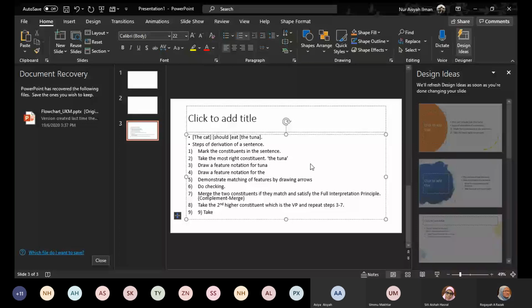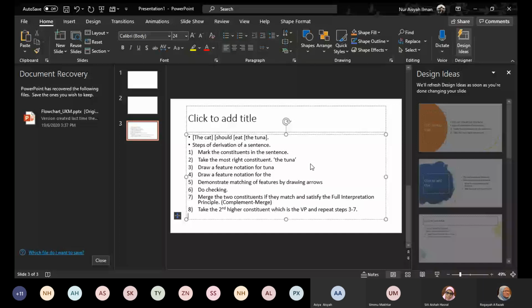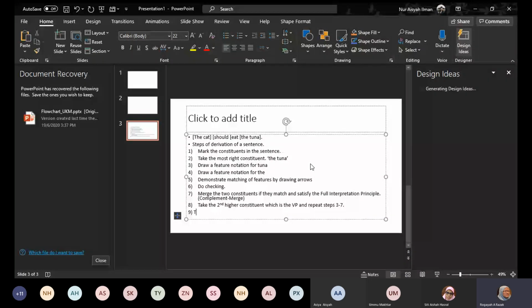Take, we have an auxiliary there. So it should be a tense phrase, can? TP. Draw a TP node to include the T. In this case, it is should.